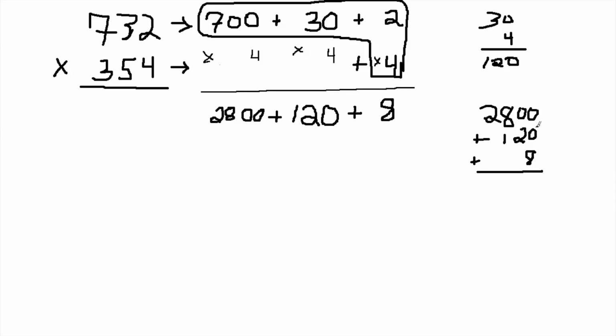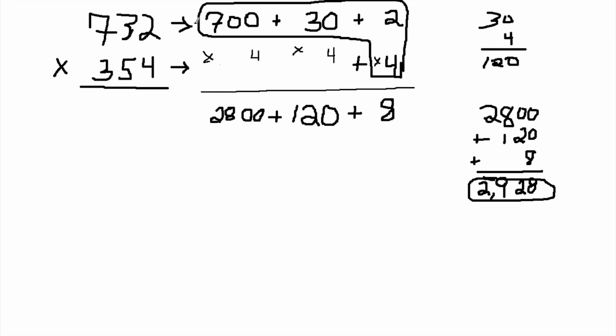So 8 plus 0 is 8. 2 plus 0 is 2. 1 plus 8 is 9. And 2 plus nothing is 2. So your first row in the shortcut version should be 2,982. So this is how you guys have been taught to do it.